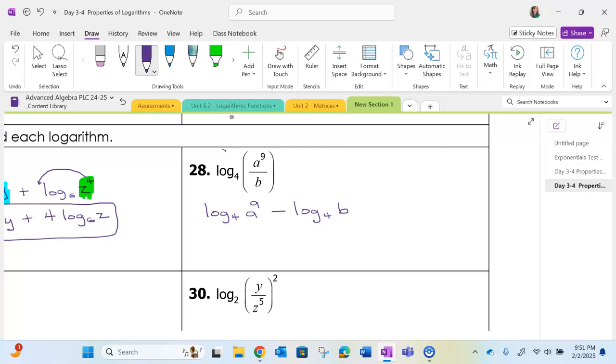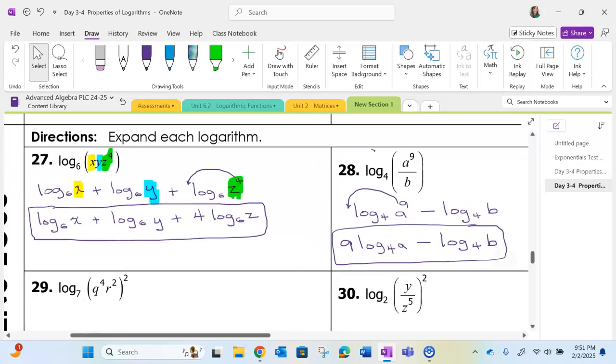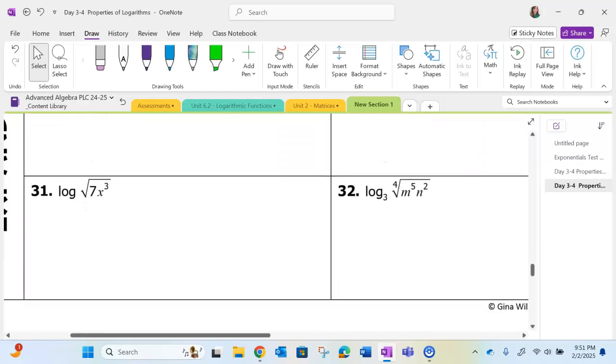Now, we're not allowed to have an exponent. You can when you're condensing, you cannot when you expand. So that 9 goes to the front, so it's 9 log base 4 of a minus, there is no exponent here, so we're just going to write log base 4 of b. And there we go.